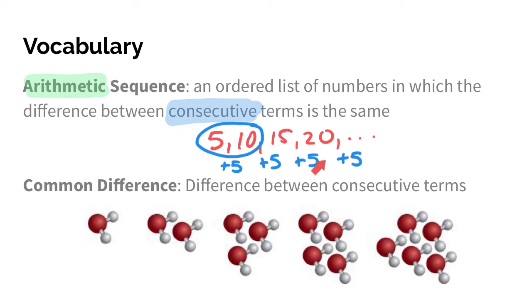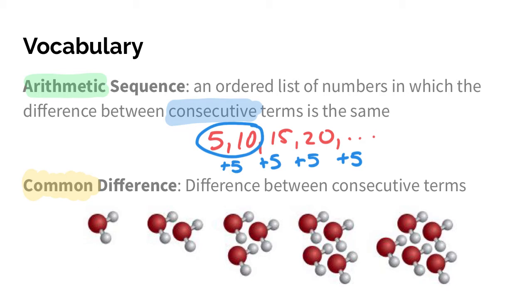This idea of adding 5, or we could do the opposite of subtracting 5, is what's called the common difference. The common difference is the difference between those consecutive terms. The reason why it's called the common difference is because it happens between every pair of consecutive terms. You can take a look here, kind of like a biology experiment.